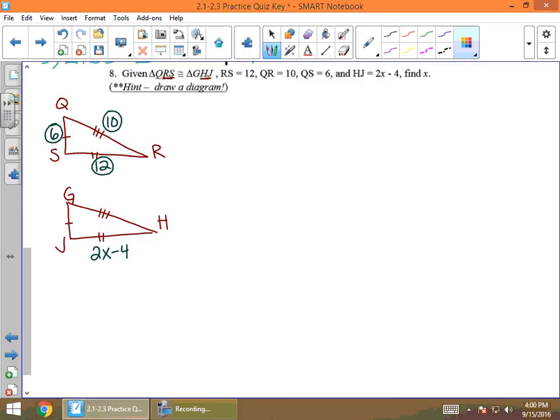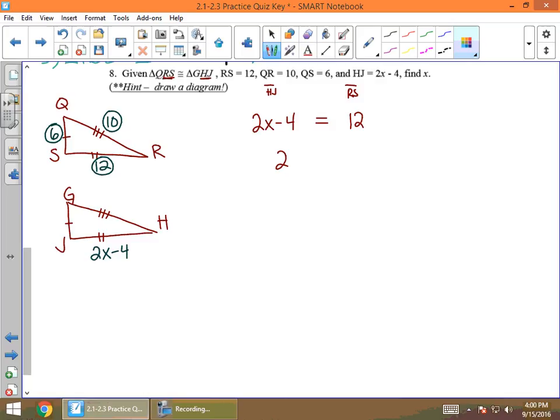So I'm going to take my HJ, which is 2x minus 4, and RS, which is 12, and set the two equal because the two triangles are congruent. So their corresponding parts are going to be congruent.